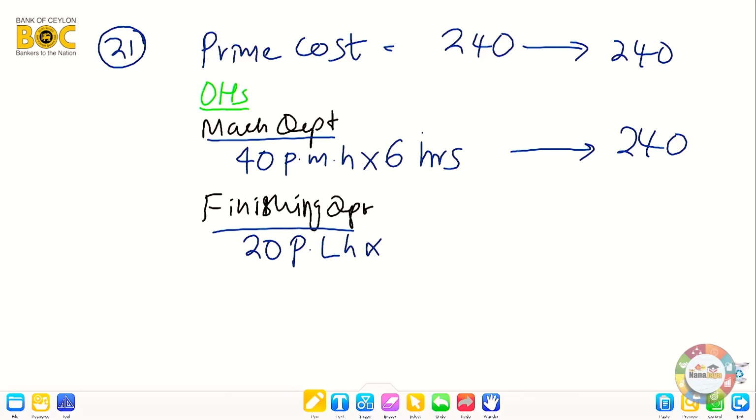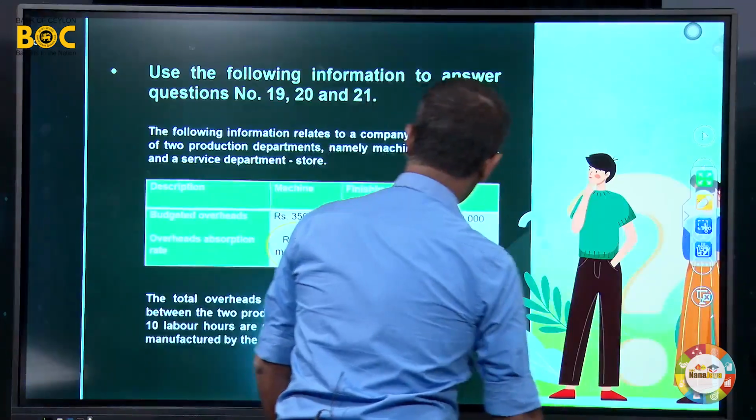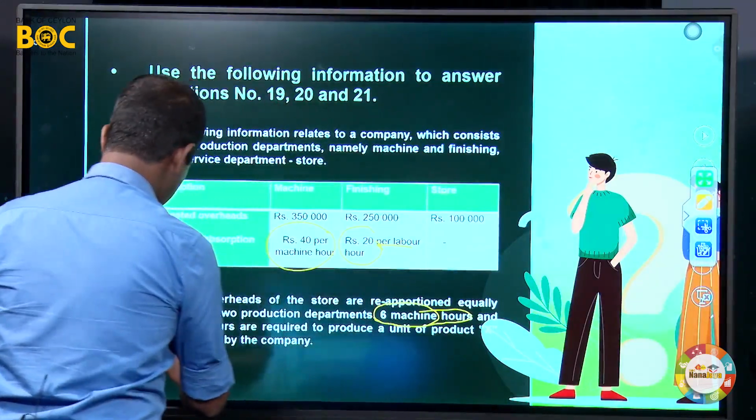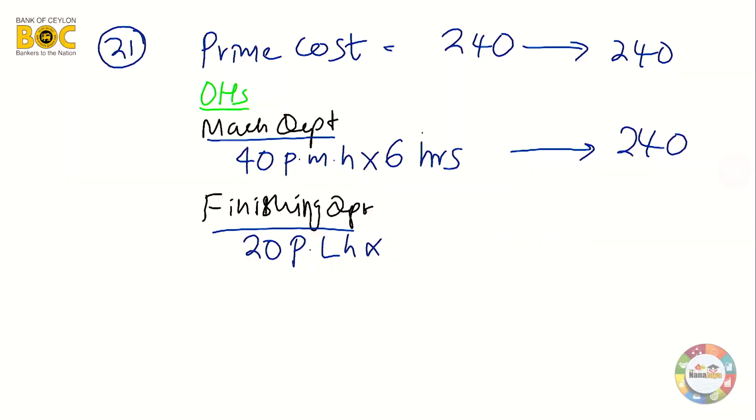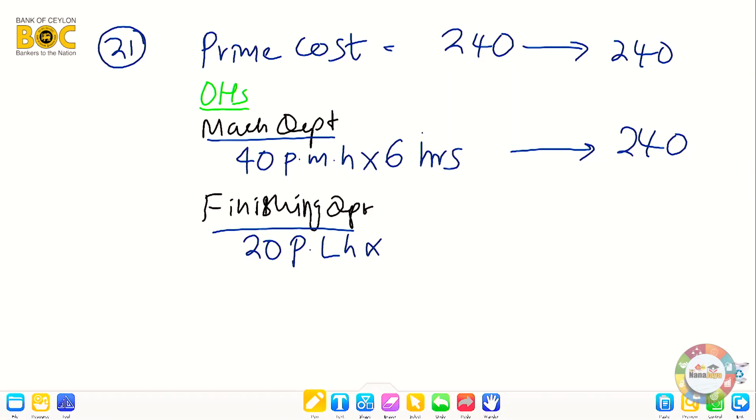How many hours are required? 10 labor hours are required. So 20 rupees per hour into 10 hours.